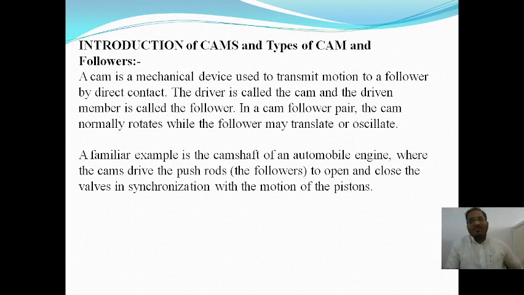What we are saying here is the cam is the rotating element and it transfers the power or transfers the energy by the oscillating motion or by the transmitted motion.